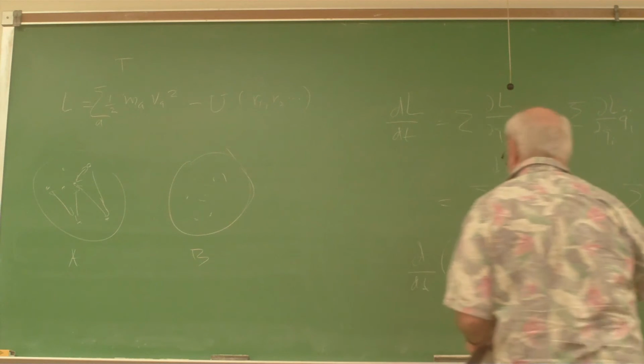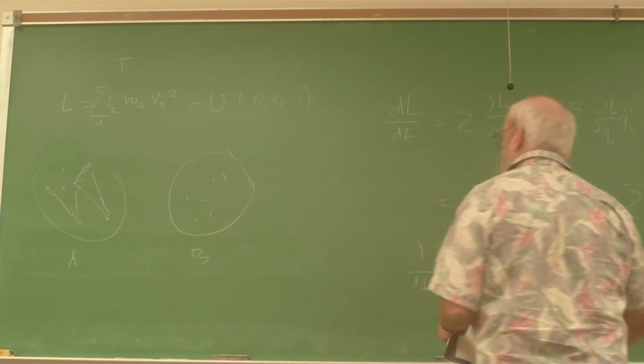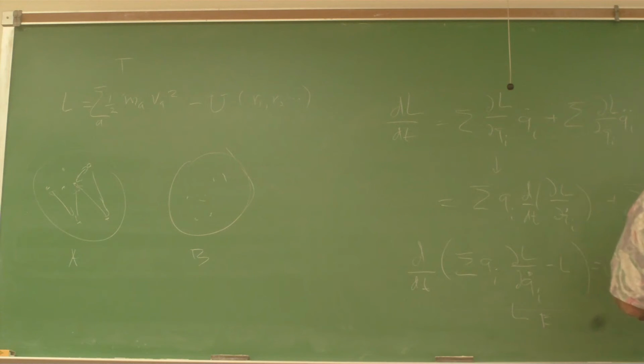So the energy is equal to the sum of qi dot ∂L/∂qi dot minus L.